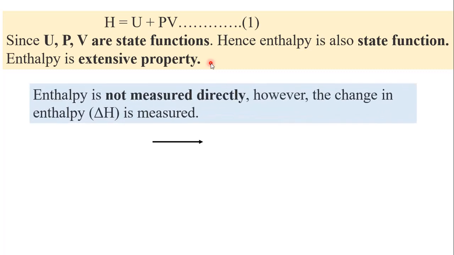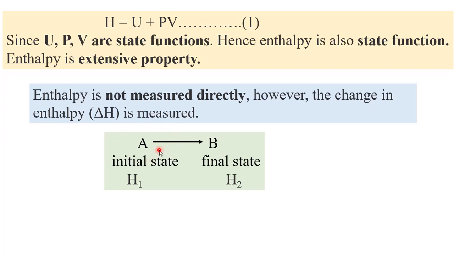Now as enthalpy is a state function, it is not measured directly, but you can measure delta H, that is the change in enthalpy. How? That we will see here.